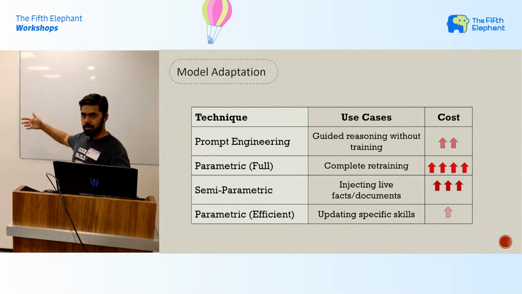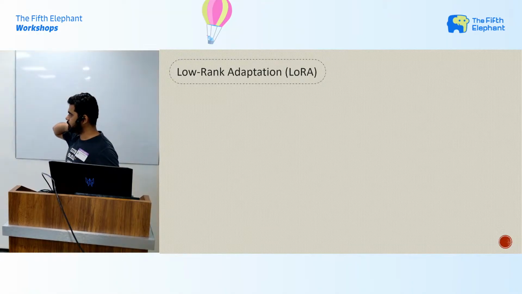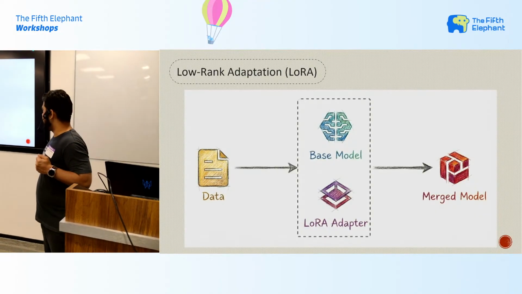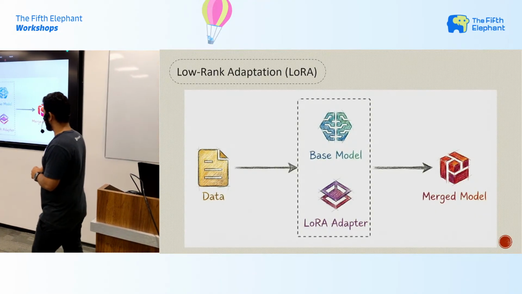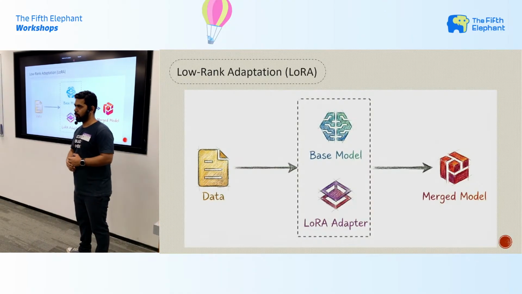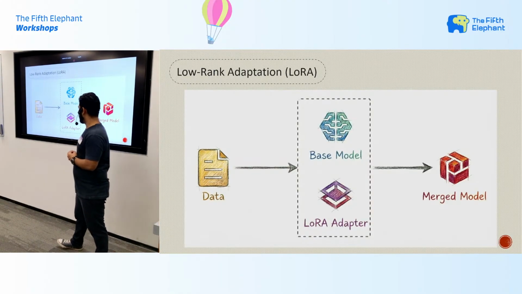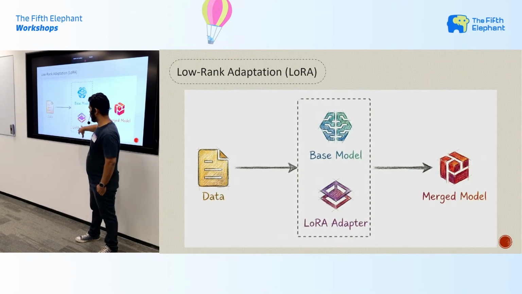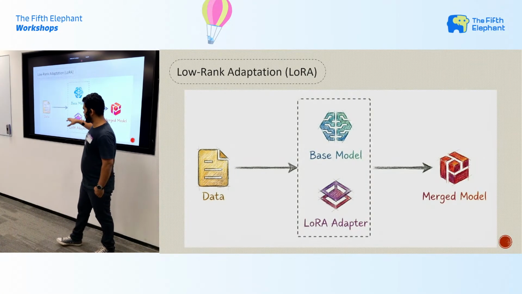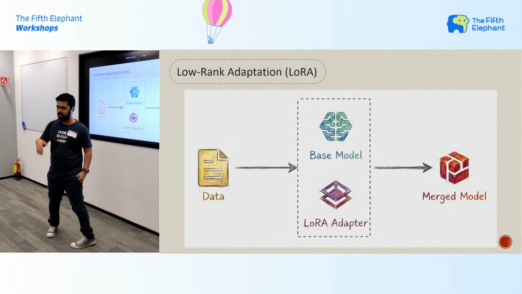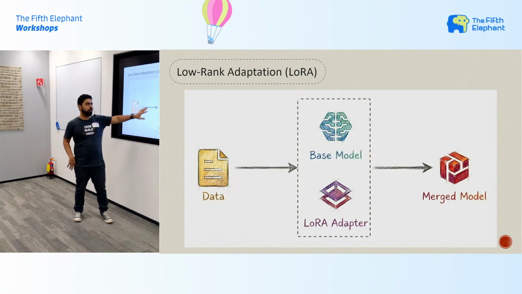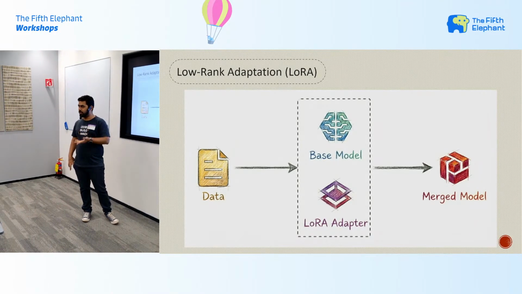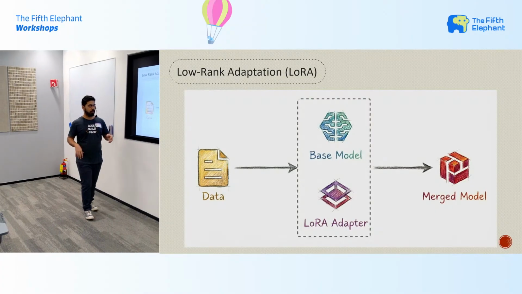Now let's understand what this really means. So this is the technique, LoRA, low rank adaptation, and I'll try to explain. Let's say you have the base model. Let's say this is your Gemma model, GPT OSS model. Now what we basically do is we train on our dataset and you create this LoRA adapter, right? If you change your dataset, you'll have a different adapter. So you can save the adapters, right? Your base model remains as is. This is something you've downloaded from the internet. And when I want to do inferencing on my use case, I would not use the base model.